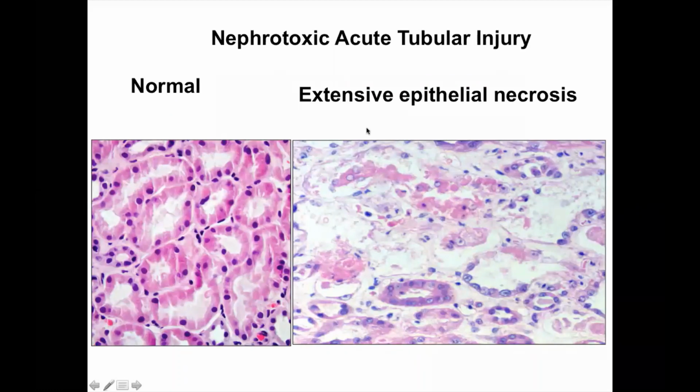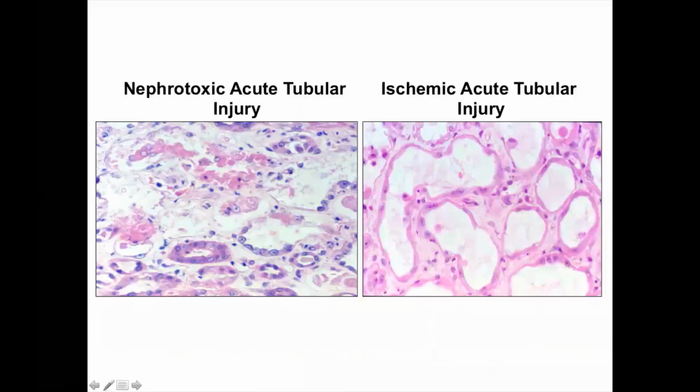Right, so in nephrotoxic acute tubular injury, basically the cells are being slaughtered. It's like half of them, half the tubule is remnants of epithelial cells, half the tubule is simplified cells, but overall there will be loss of the epithelial cells and we might have some granular casts, right?